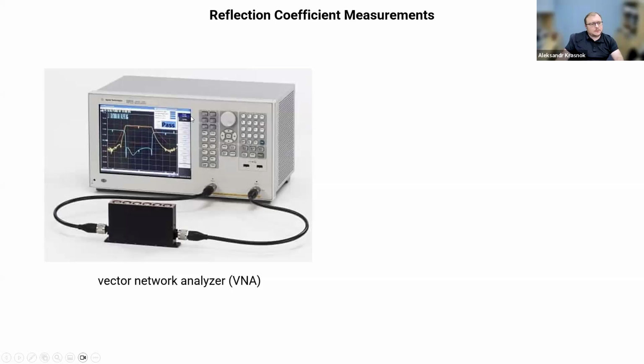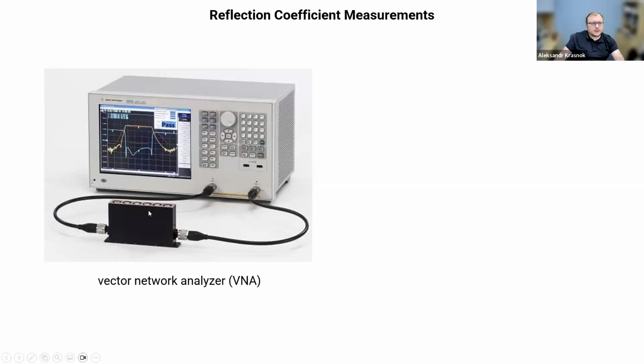So this device basically generates a very stable frequency harmonic signal, and sends this signal to this waveguide here. This device knows everything about this waveguide, so it normalizes everything to the characteristics of this waveguide, and then it comes to some sort of device.